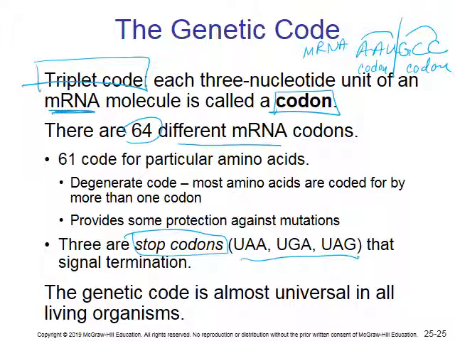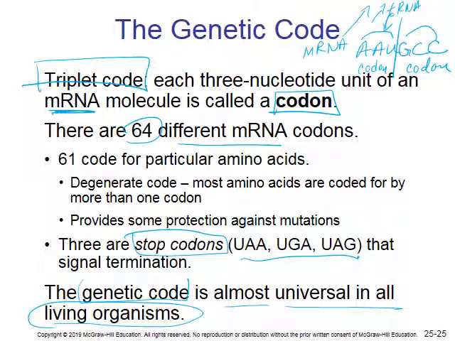Say, we're done, this is it, we've read the gene, we've made the polypeptide, stop. The genetic code is almost universal in all living organisms. So what we're saying is, if we see messenger RNA AAU, that means the transfer RNA is going to come in, recognize that sequence, and drop off a very specific amino acid. And we see this universally.